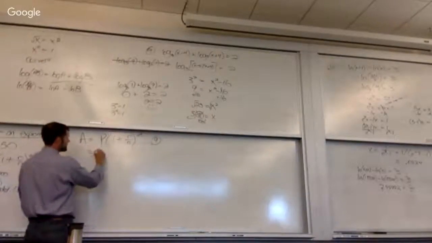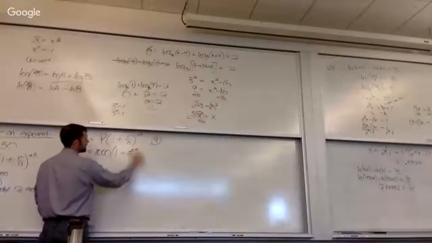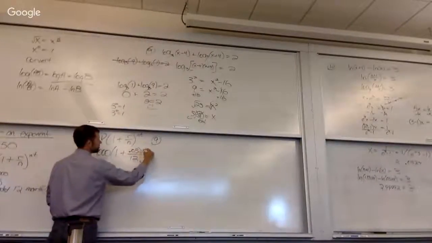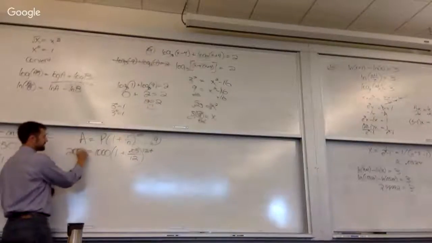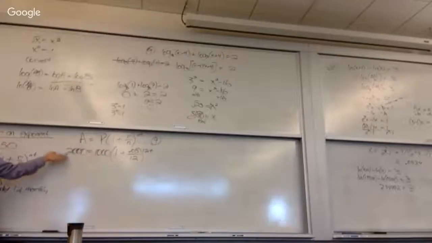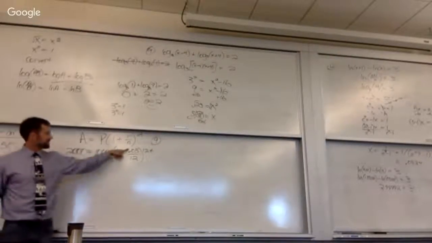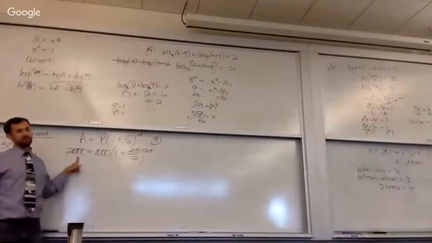I'm going to invest $1,000 at 5% interest, compounded monthly, so then that's 12t, and I want to double my money to get $2,000. Okay, so now look at this equation, because this equation asks a question. This equation says, if I invest $1,000 at 5% compounded monthly, how long until I double my money?